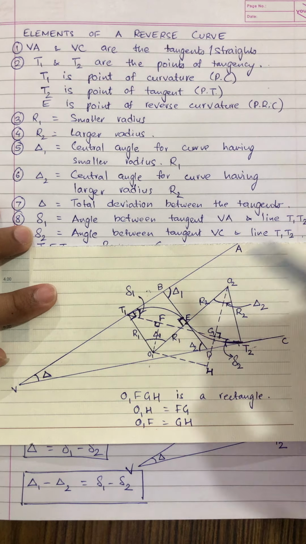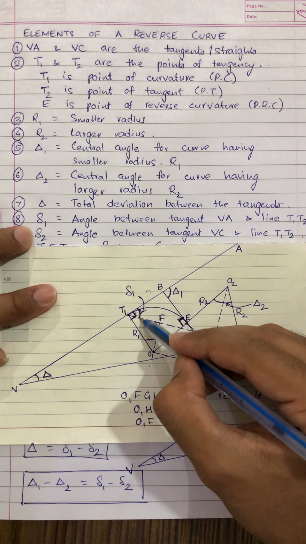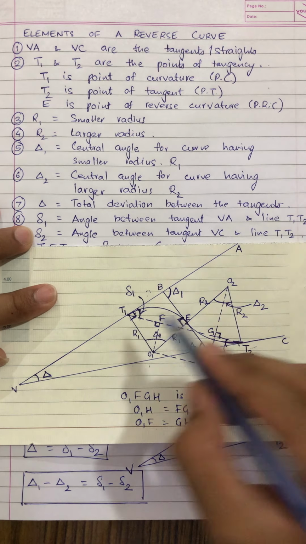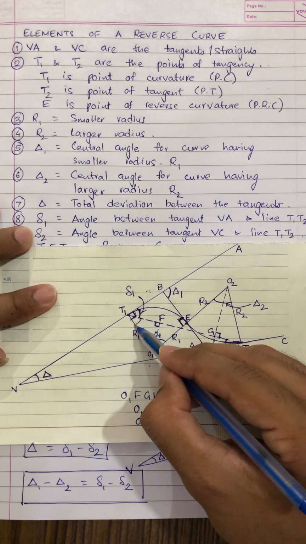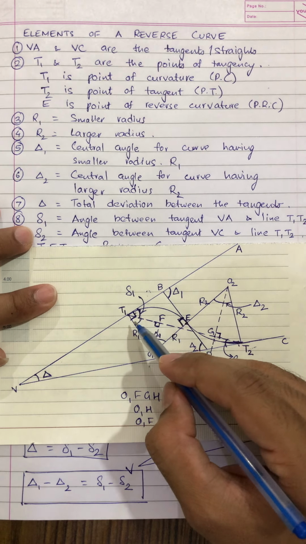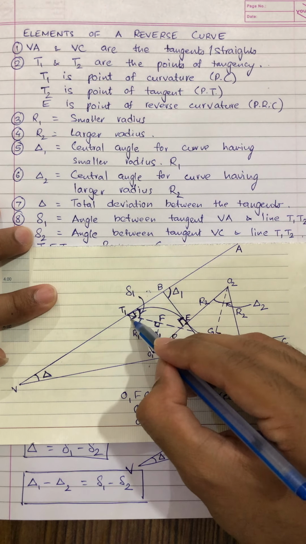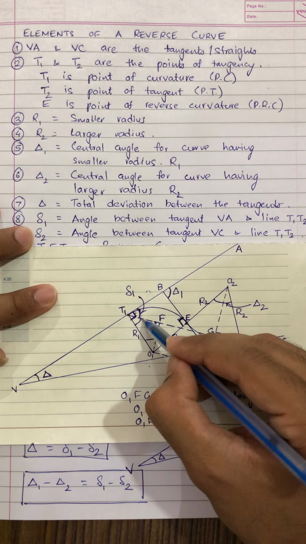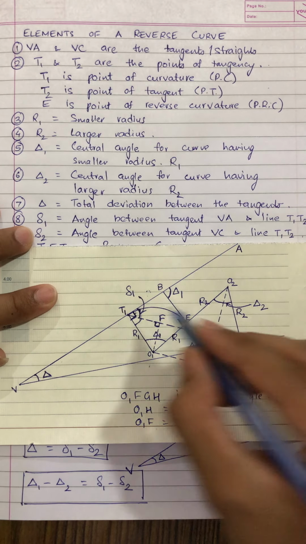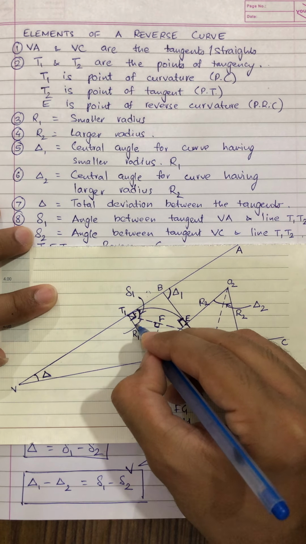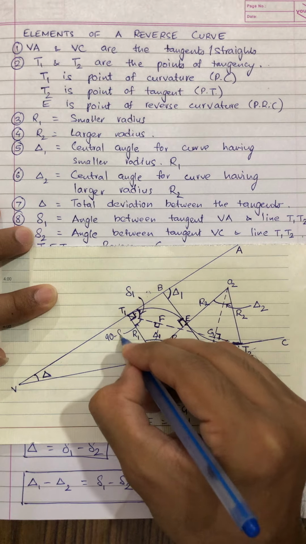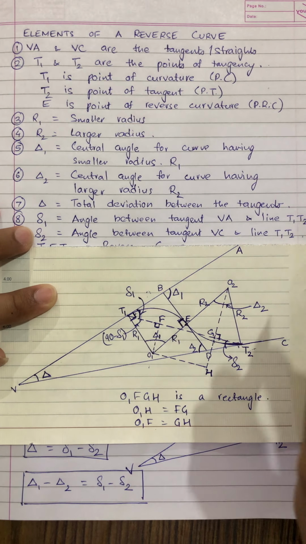Now as this is perpendicular to the radius and this angle is del 1, what will this angle be? This angle should be 90 minus del 1. See, this is full 90 and this is del 1, so obviously this angle should be 90 minus del 1.